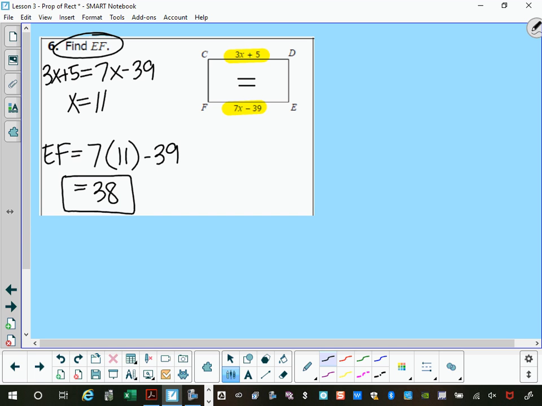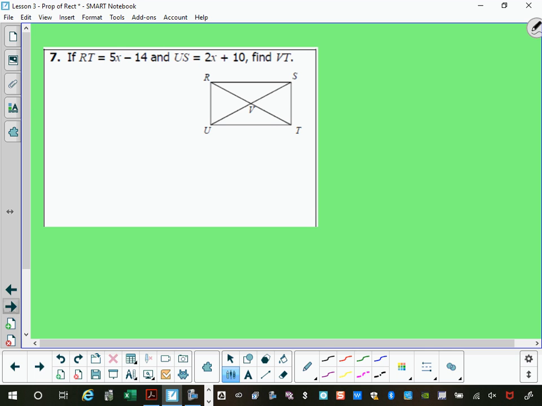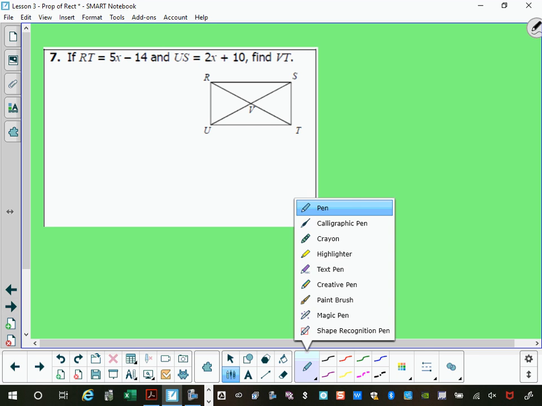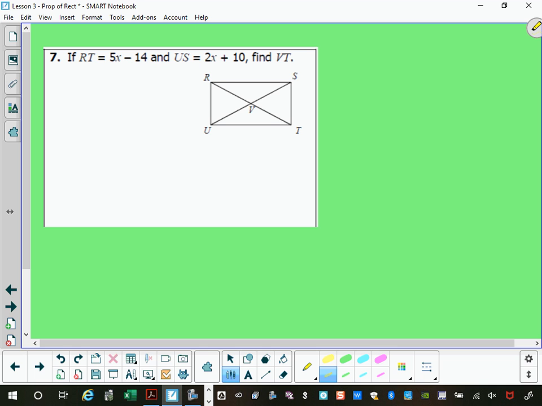All right, let's look at number 7. All right, so they told us that RT is 5x minus 14. And then US is 2x plus 10.